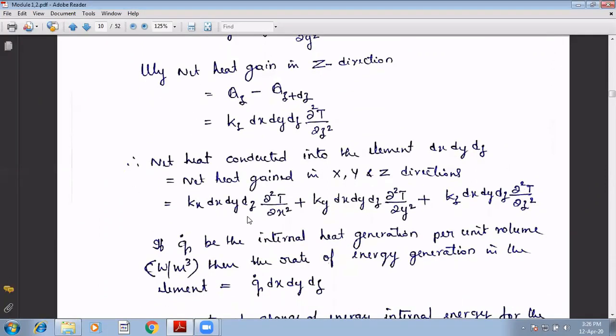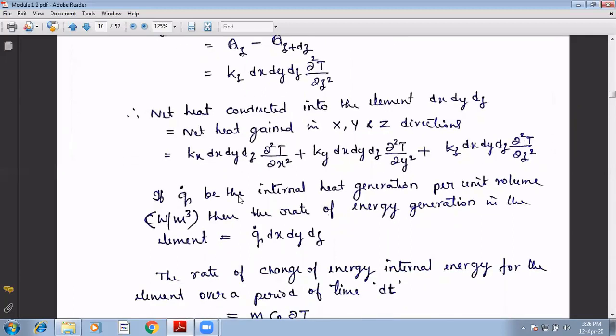If I take dx dy dz common, it is kx into dou square T upon dou x square, plus ky into dou square T upon dou y square, plus kz into dou square T upon dou z square, multiplied by dx dy dz. Correct?